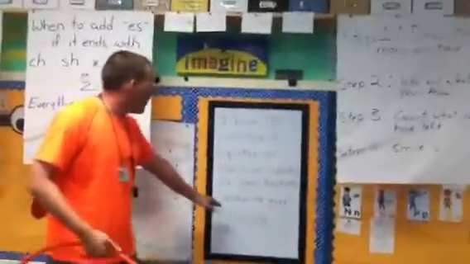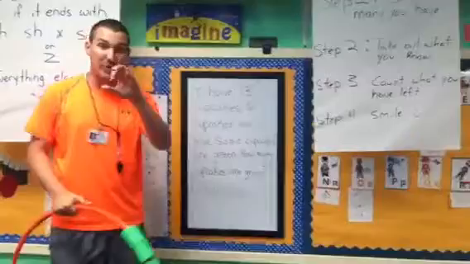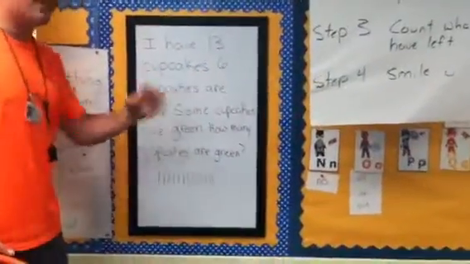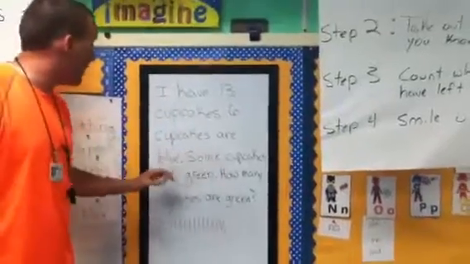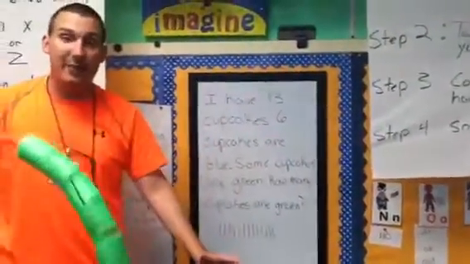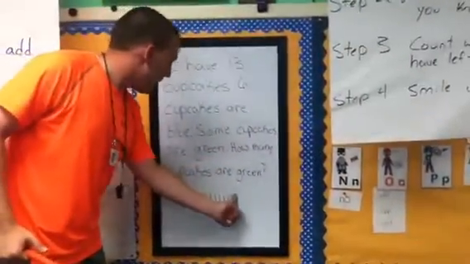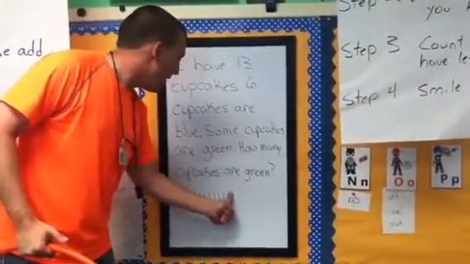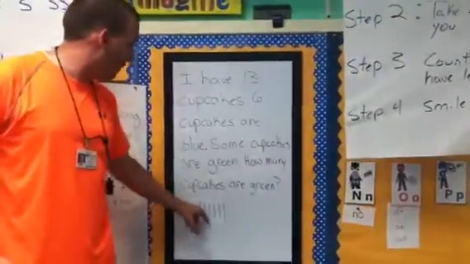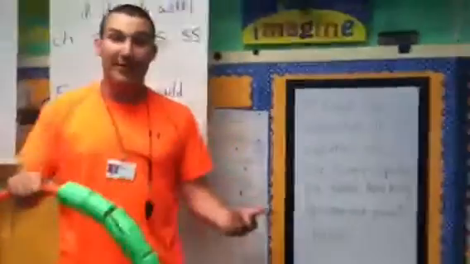Okay, now down here on the board, I want us to take away, and on your drawing, I want you to take away 6 cupcakes, because we know that 6 of the cupcakes are blue. So on your drawing, just like I pushed my cupcakes away, you can erase 1, 2, 3, 4, 5, 6. And that's going to leave you with 1, 2, 3, 4, 5, 6, 7, just like Mr. Watts had.